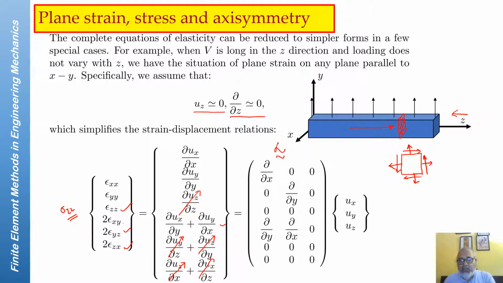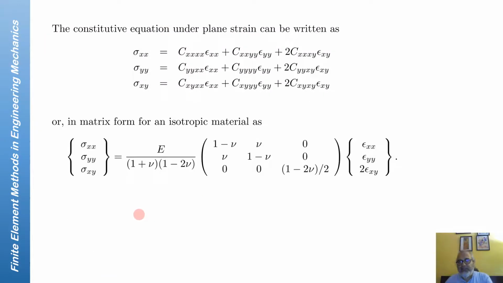So now, after having reduced this strain displacement relationship, we will look at the constitutive equation. So sigma xx, sigma yy, sigma xy are related to the strains. I am trying to write sigma ij equal to C_ijkl epsilon kl, this tensorial notation, in Voigt notation under the situation that everything except xx, yy, and xy strains are 0. That's what our assumptions tell us.